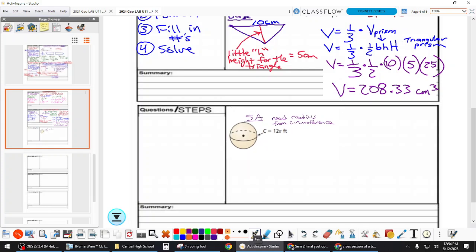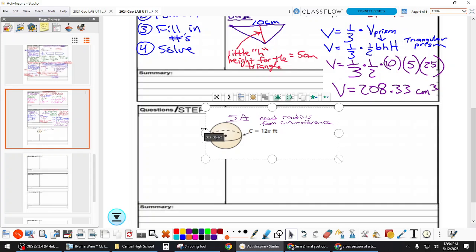That looks like an egg now. Does that look more spherical to you guys out there?